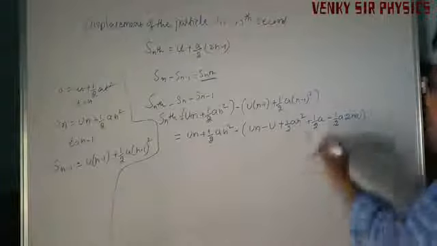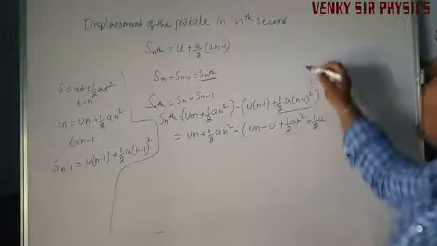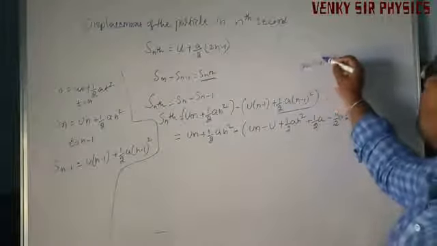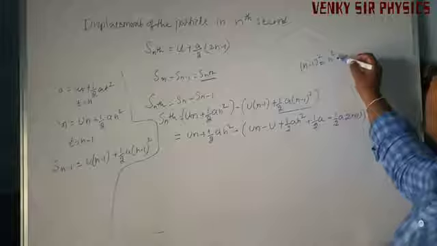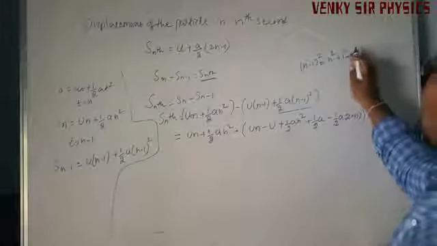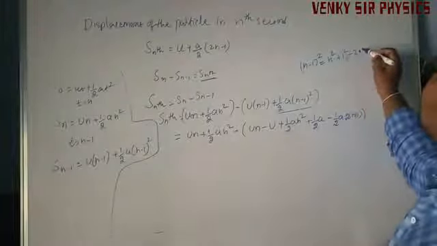So n minus 1 whole square can be written as n square plus 1 minus 2n.